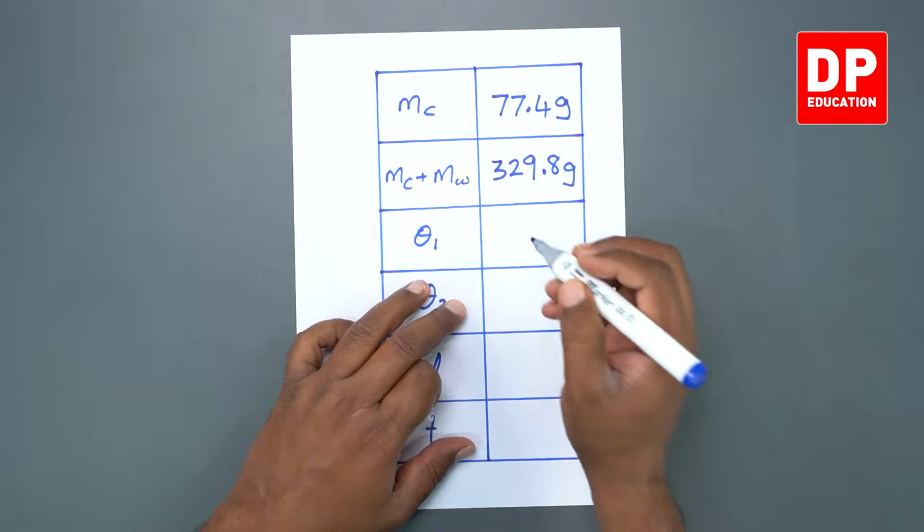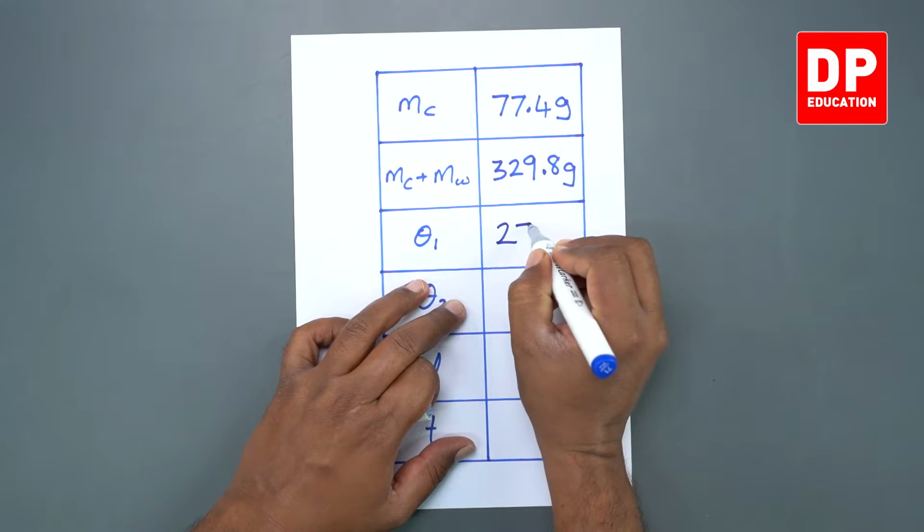So the initial temperature of water and calorimeter, which is theta 1, is 27 degrees. Let's write it down here, 27 degrees.